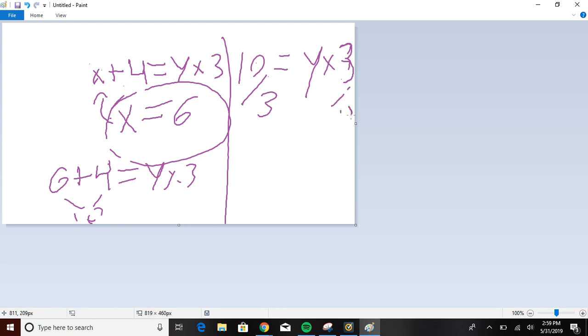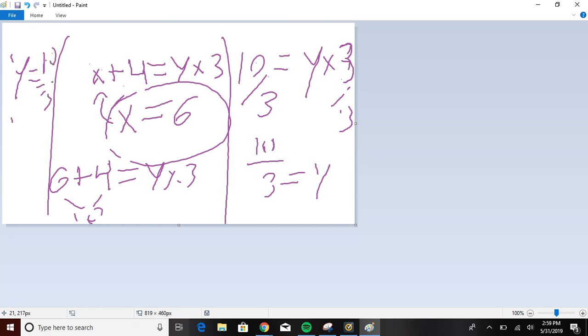But sometimes problems are annoying, and in that case, I say use a calculator. Read the assignment, see if you're allowed to. But 10 over 3 equals y. So y equaled 10 over 3, and x equaled 6. So 10 over 3 and 6.